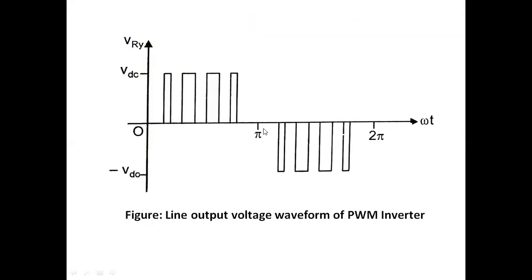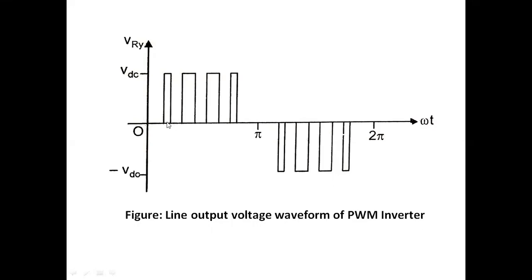The similar control is also there, but the entire single pulse I am dividing into multiple pulses using pulse width modulated control based input to the gates of the inverter. If I take the average value of this, because this is also a symmetrical waveform, for the entire waveform the average output voltage is 0, so for the half cycle only I am considering the average output voltage.